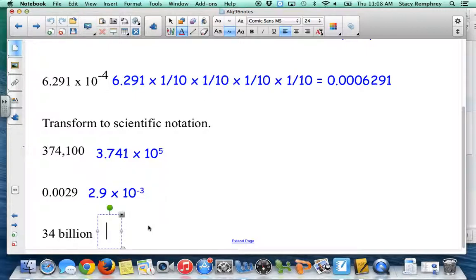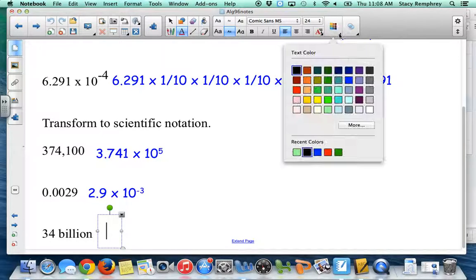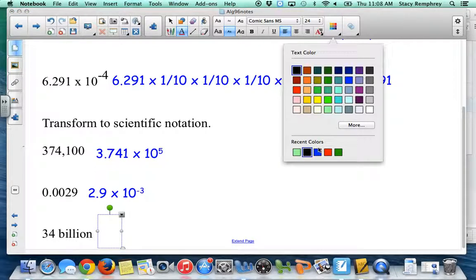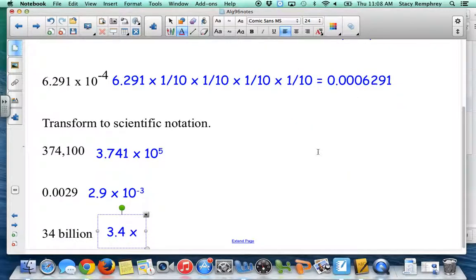Over here, 34 billion. That's really big. If you look at page, I believe it's 398 in your textbook, it'll talk to you about billion, million, all those, and the different exponents on them. So I'm going to get 3.4, and then this will be 10 to the 10th power.